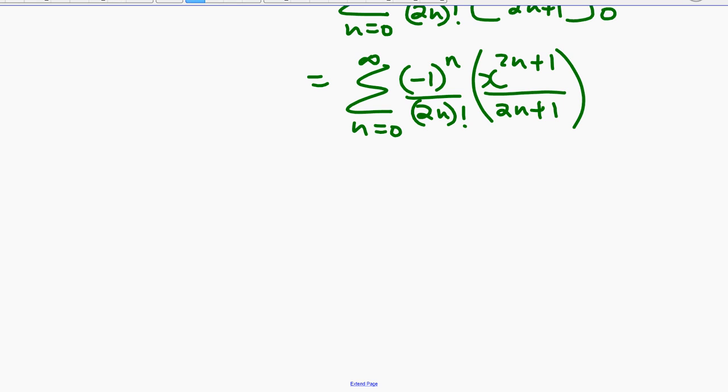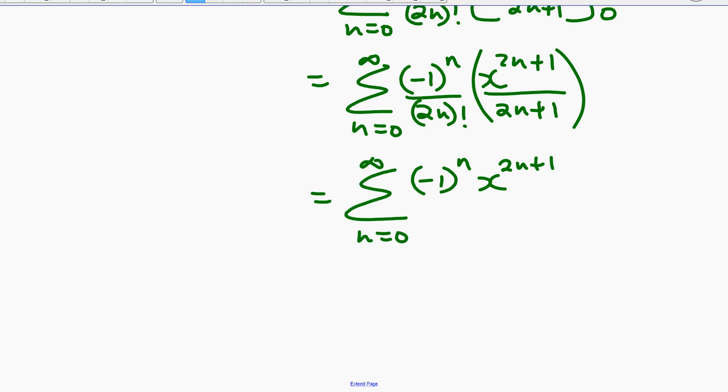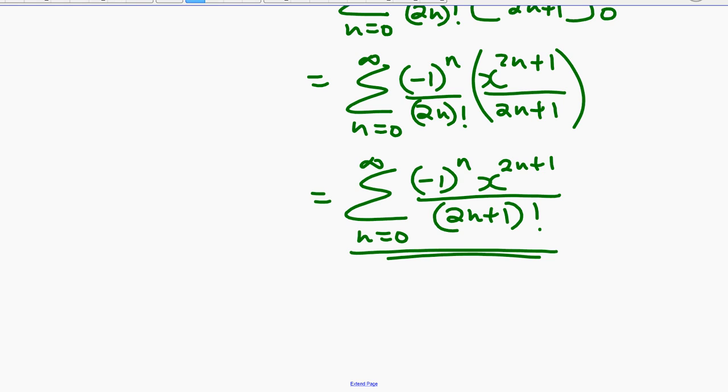So we can simplify this to be the sum from n equals 0 to infinity of negative 1 to the power n x to the power 2n plus 1 over 2n plus 1 factorial. And the radius of convergence is infinite, same as the original series.